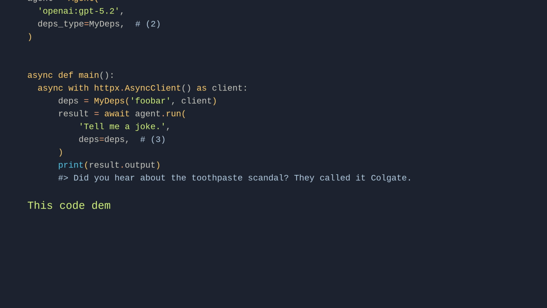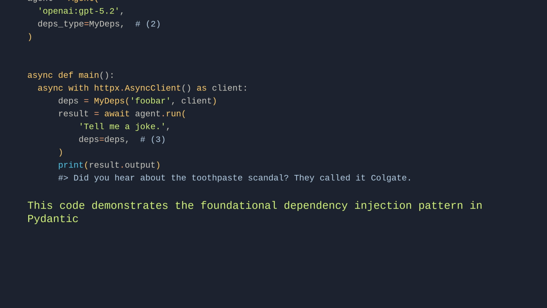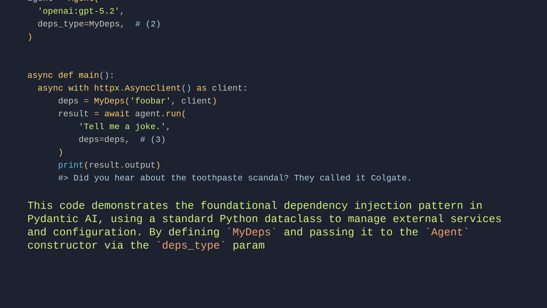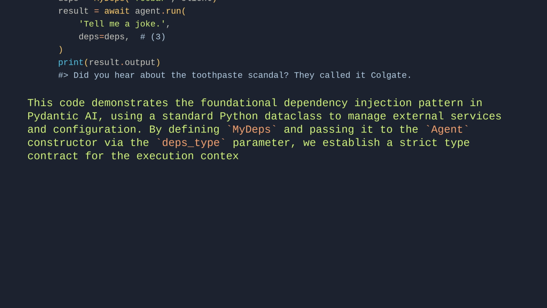This code demonstrates the foundational dependency injection pattern in Pydantic AI, using a standard Python data class to manage external services and configuration. By defining MyDeps and passing it to the agent constructor via the deps type parameter, we establish a strict type contract for the execution context.